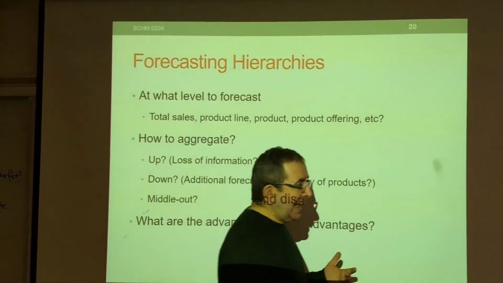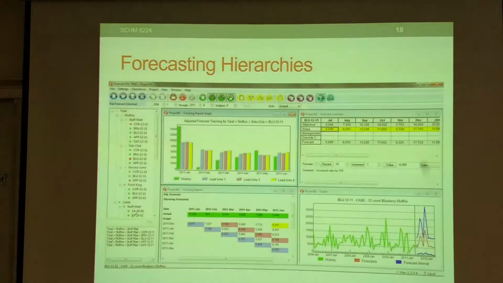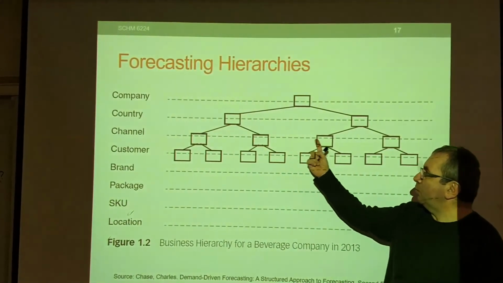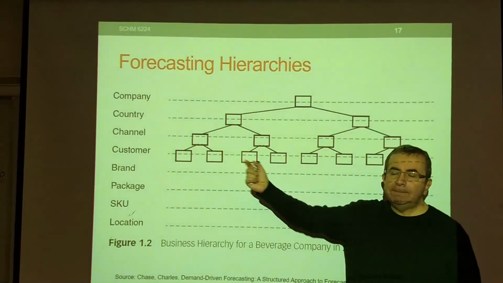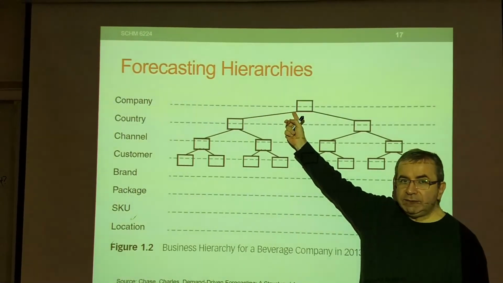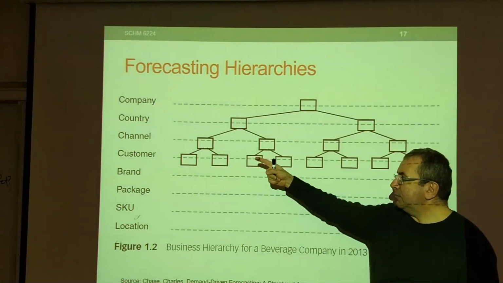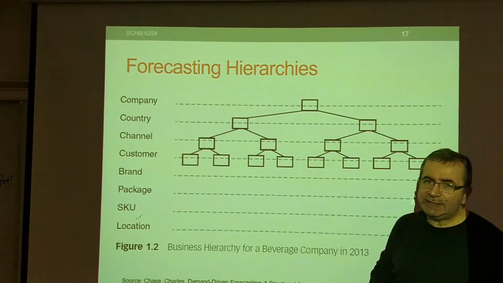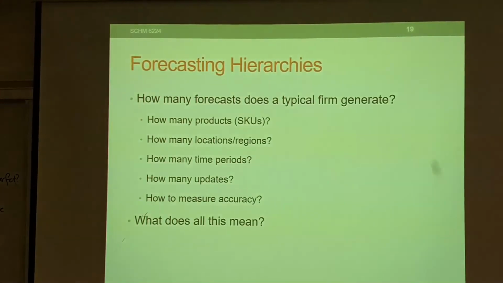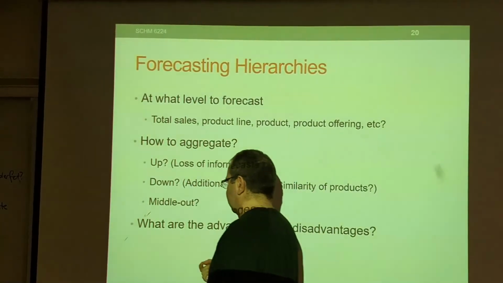Middle out means you generate the forecast somewhere in the middle of the hierarchy. You aggregate those forecasts to find the total forecast, and then you break down these forecasts into SKU level forecasts. So there's no one right answer.